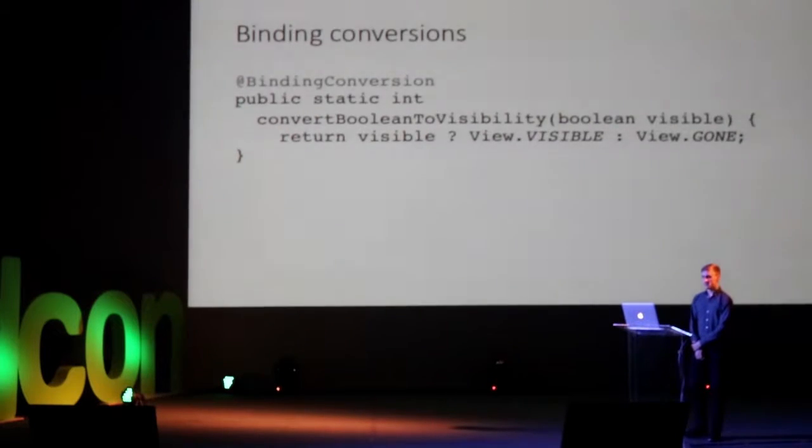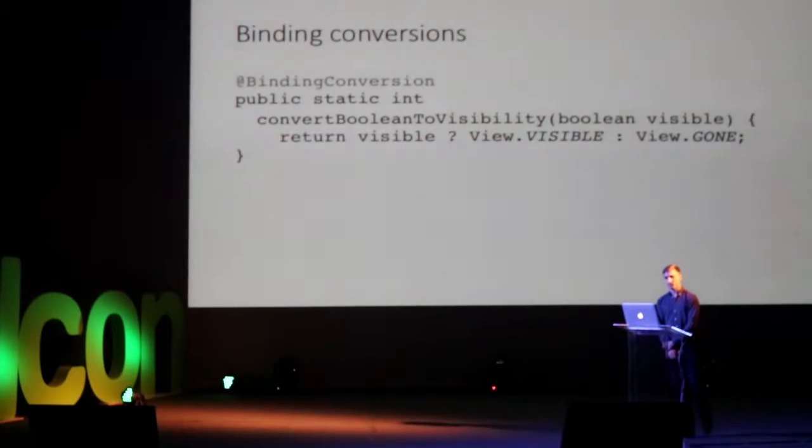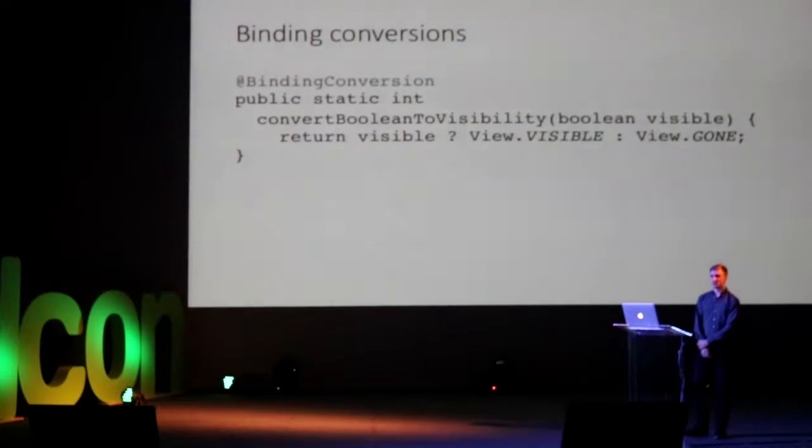And then the last thing I'm going to talk about is binding conversions. Again, it's a public static method. The name doesn't really matter to the platform, it matters to yourself. The only thing that's important is that you have the binding conversion annotation.